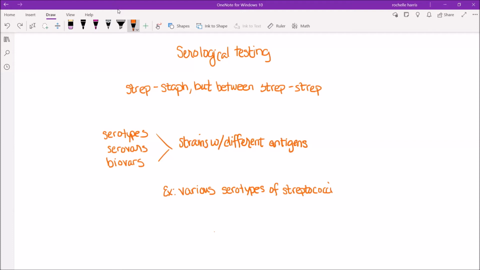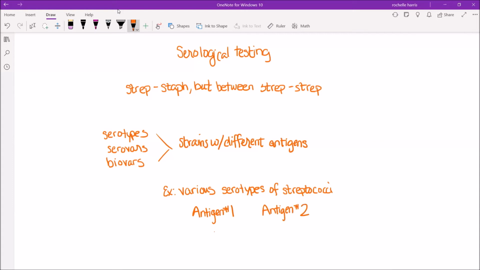So we have antigen 1 within streptococci, and antigen number 2 within streptococci.